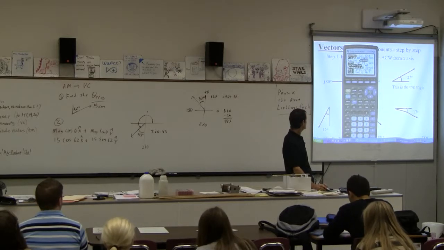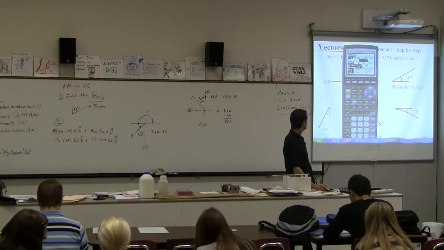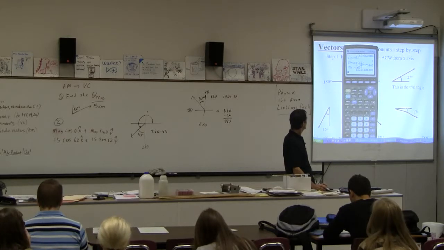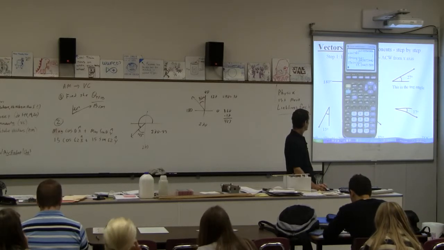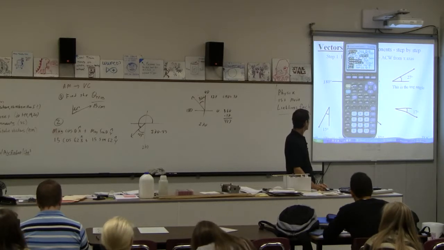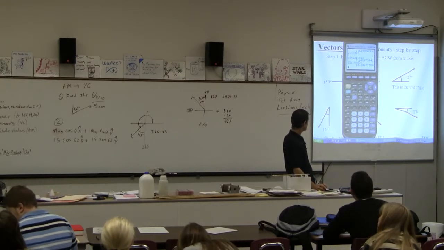So here's how you change it. Just hit the arrow keys, go down, move till you're over degrees, hit enter, and then you can hit clear. Again, to be in degrees, which we want for this part, go mode, or second mode if it's a second function, go down a couple things, go over degrees, enter, clear.